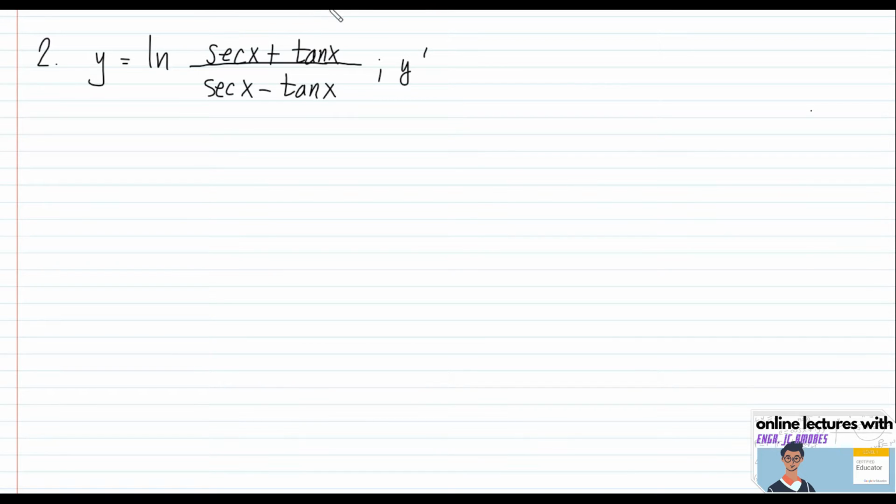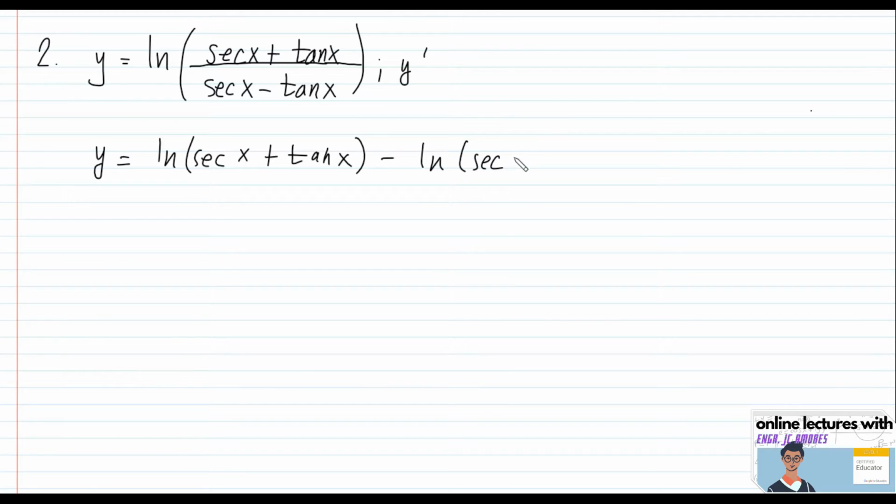One way of solving this, instead of solving it as it is with a quotient here, is to first transform your problem as y is equal to the ln of secant x plus tangent x, and then minus the ln of secant x minus tangent x.